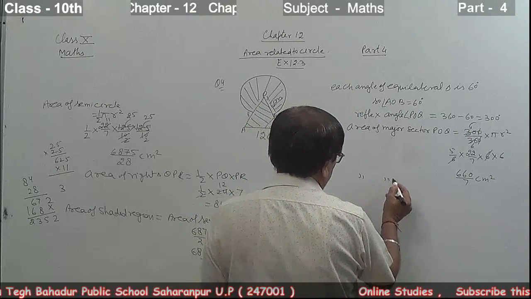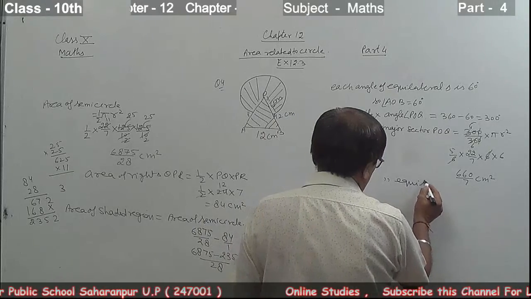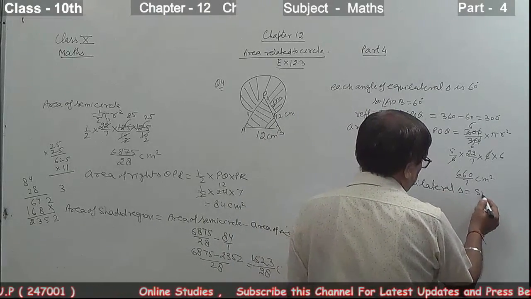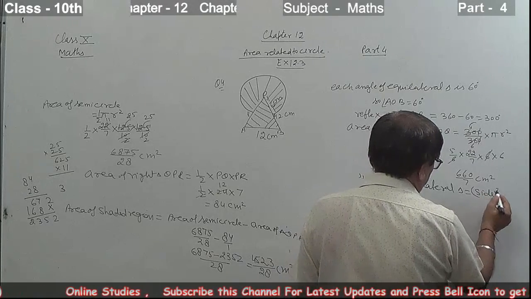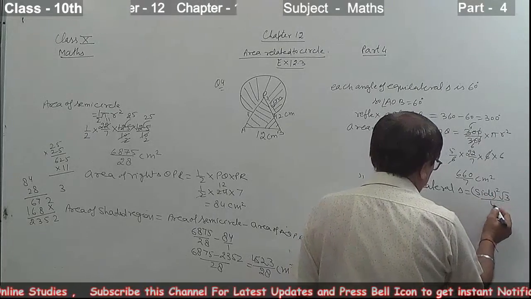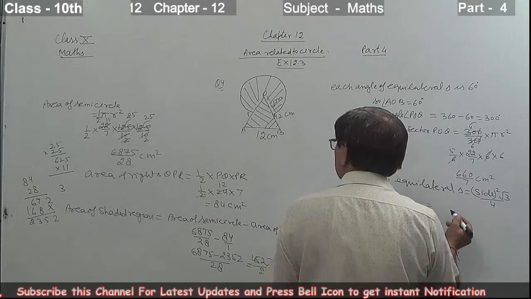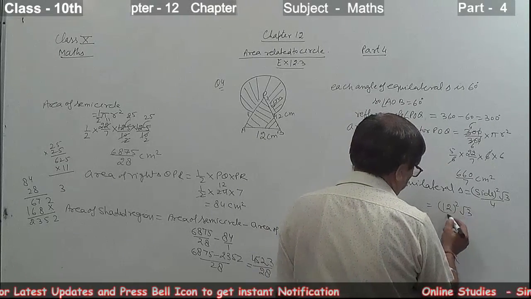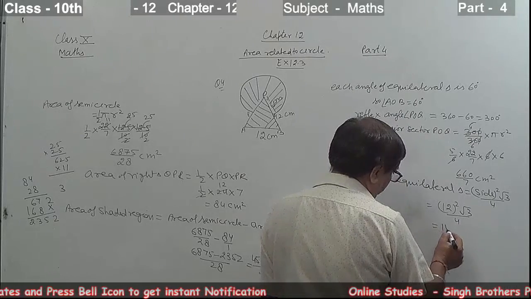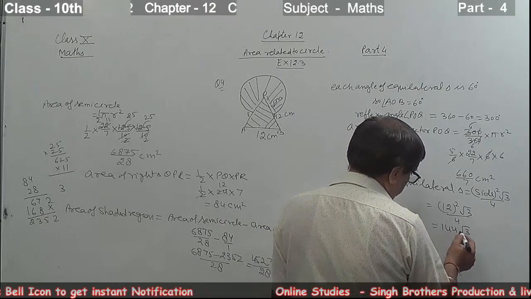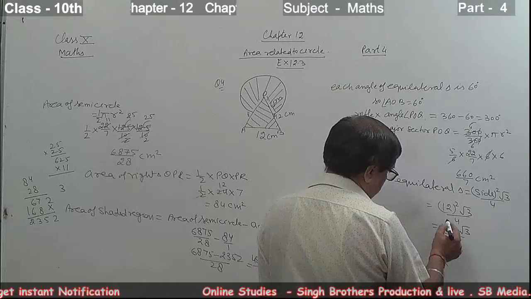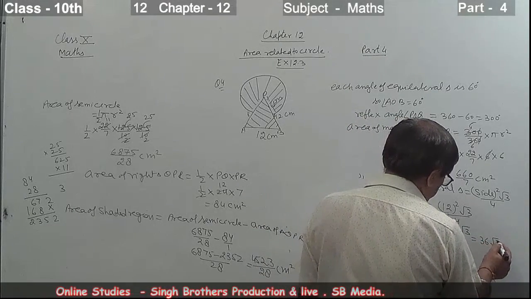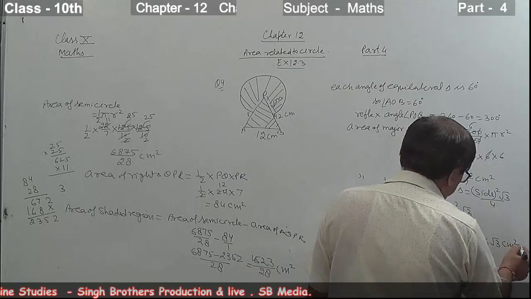Area of equilateral triangle is side square root 3 upon 4. So that is 12 square root 3 upon 4, 144 root 3 upon 4. 4 3 ja, 4 36 ja, 36 root 3 centimeter square.